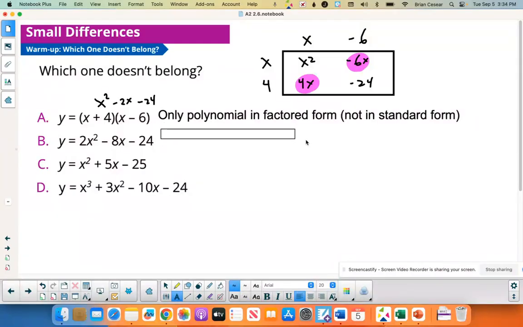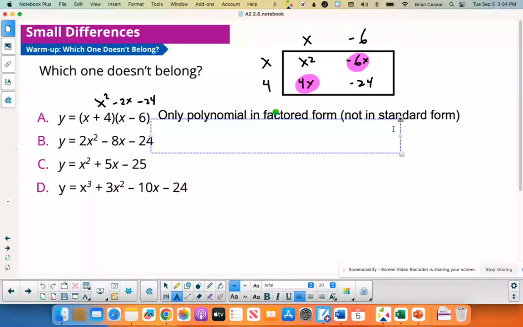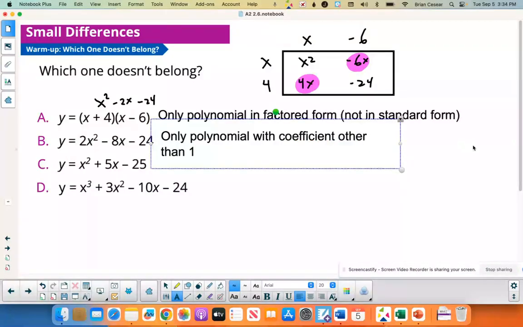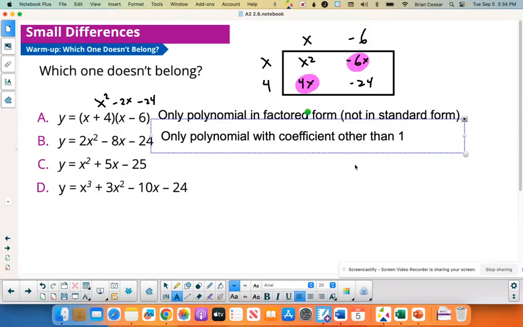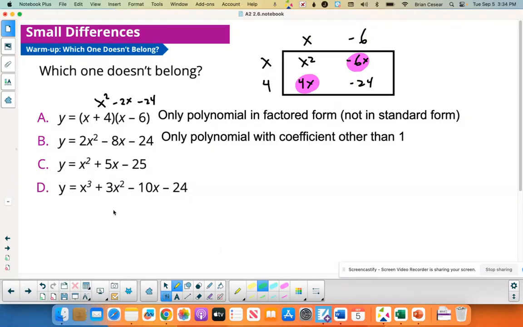All right, if I go right here, this is the only polynomial with coefficient other than 1, because you look here and you've got that 2 right there in front of the x squared.